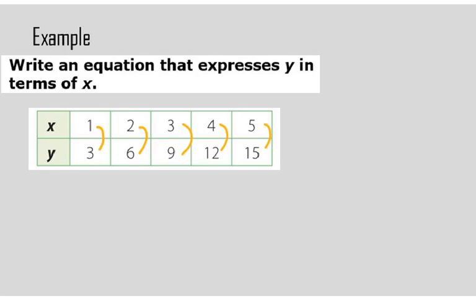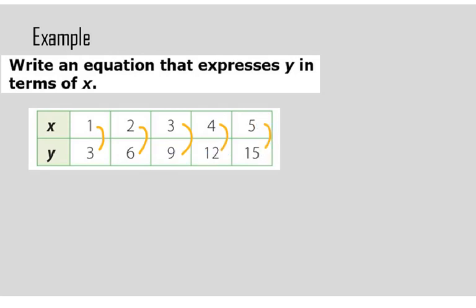With y being the dependent variable, it is determined by what we're doing to the x. So if an x of 1 becomes a 3, that could be 1 times 3. Let's see if it works for 2. 2 times 3 is 6, 3 times 3 is 9, 4 times 3 is 12, and 5 times 3 is 15.